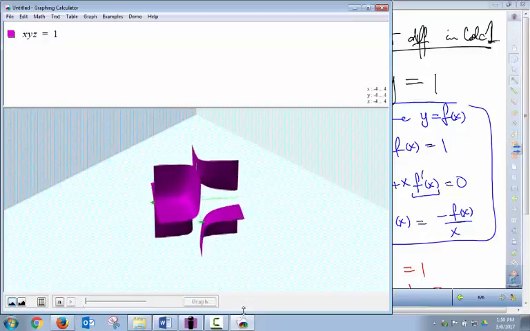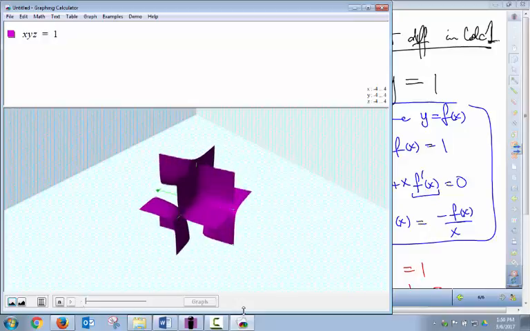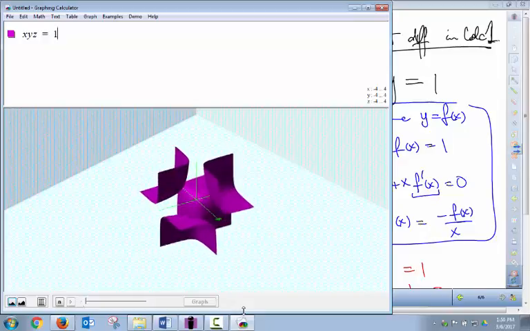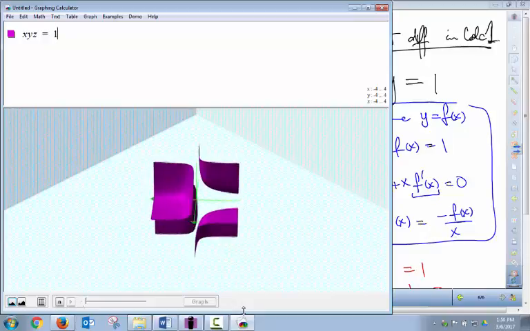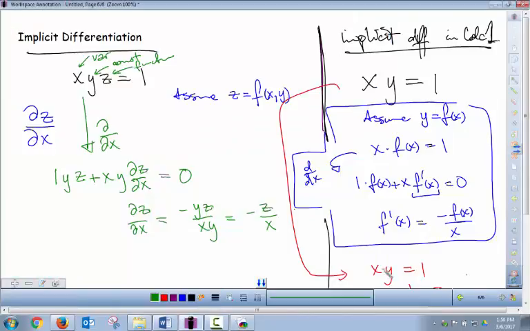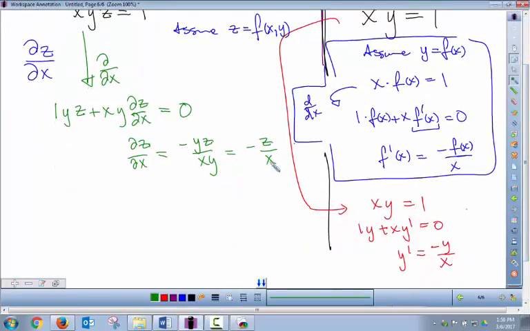So explicitly, it might not look like a function, but if we take just a piece of it, we can write z as a function of x and y, and then treat it like it was a regular function going from R2 to R. So what we just found is the generic derivative of this thing going in the direction of x. Okay?